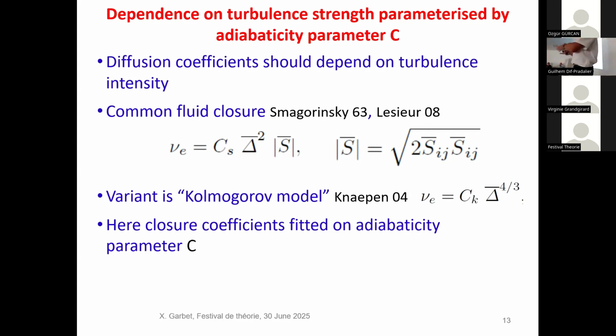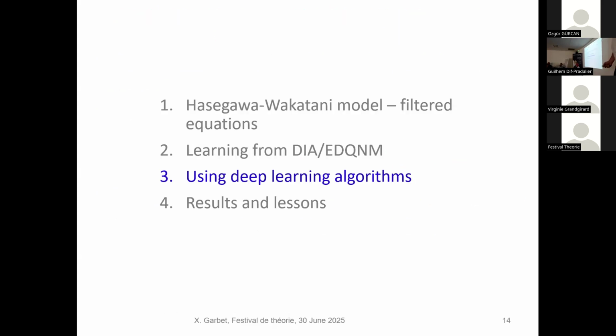C, as I was saying, is controlling the drive, so it's controlling the turbulence intensity amplitude. So you would expect, of course, all these diffusion coefficients to depend on the parameter C. And that's what we did. Of course, it would depend also on the density gradient. It's been fixed all along in these simulations, but hopefully we'll be able also to produce a fit with respect to the density.